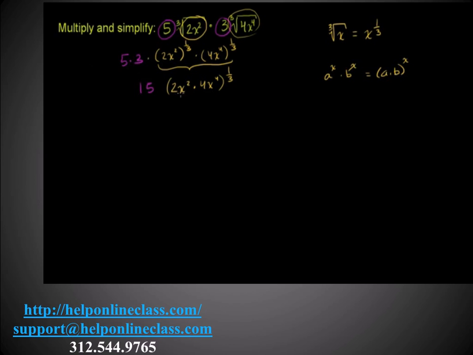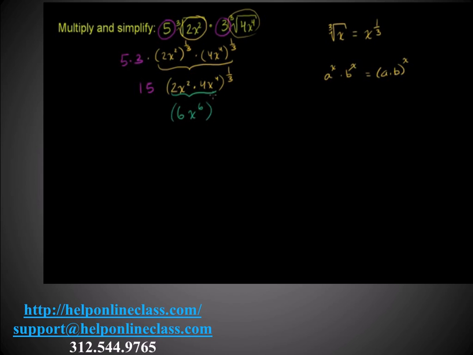And if we simplify what's in the expression right over here, once again, it's commutative, so we can swap the order, and it's associative, and so we can swap the grouping, how we group them doesn't matter, because it's all multiplication here. This is 2 times 4, which is 8, times x squared times x to the fourth. X squared times x to the fourth is x to the 6th power.